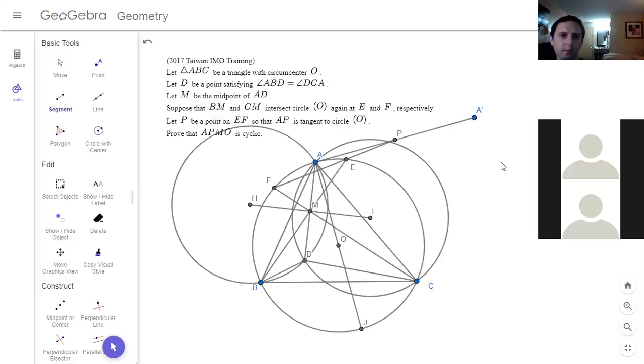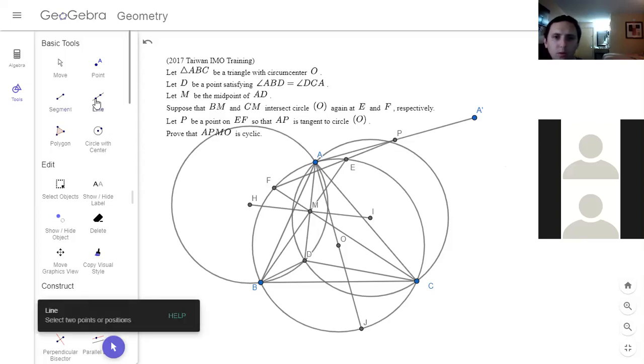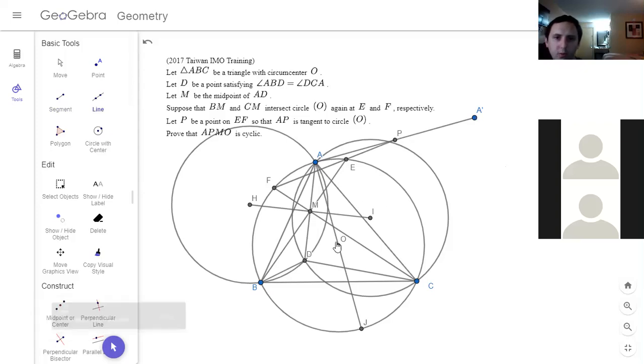But what is A prime? So we have like OP. Yeah, it's a dilation.